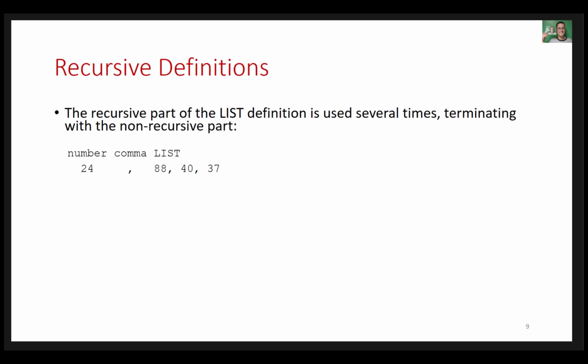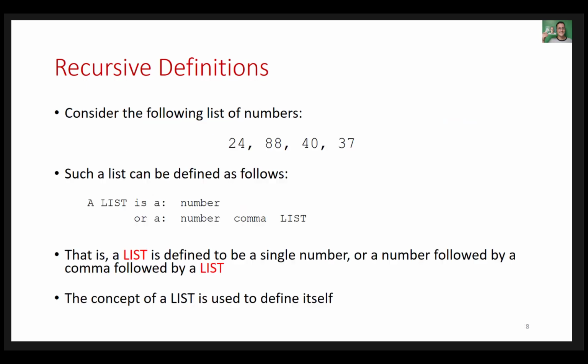A list is 24, comma, list, right? And then the second list, you want to define it. How you are going to define it? A list is a number, which is 88, comma, list, right? And then you have to continue because I didn't achieve the last condition here, which is a list is a number, having only one number remaining in the list, right?